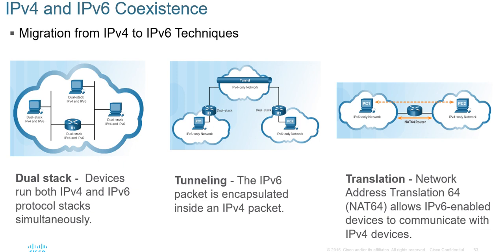And the middle one here is the tunneling. Tunneling is a process that is used in encapsulating IP version 4 and IP version 6 packets into each other. Let's say, for instance, in this case, both options are going to work when you're dealing with tunneling, because you are going to be dealing with dual stack plus tunnel, because a tunnel cannot exist if you do not have a dual stack in place.